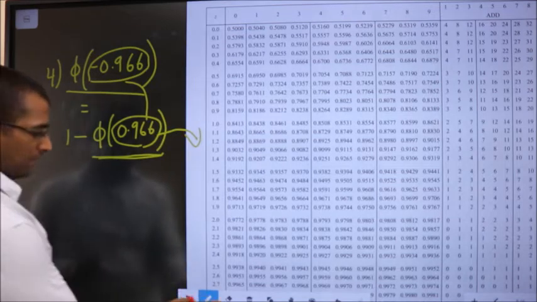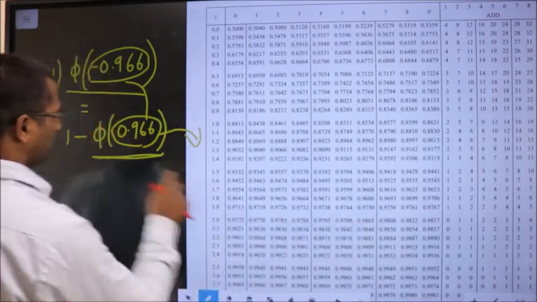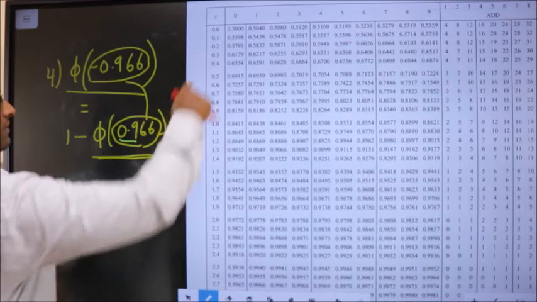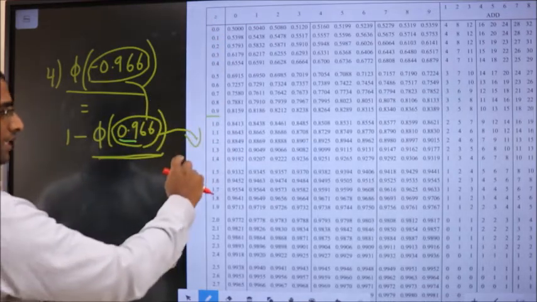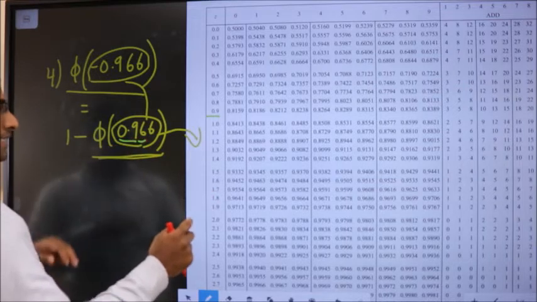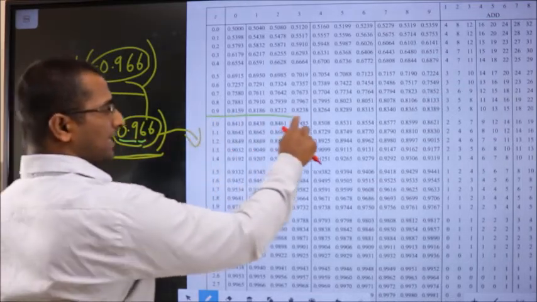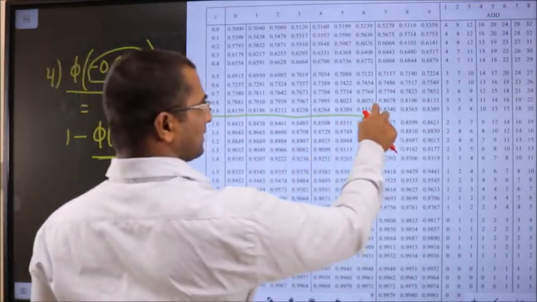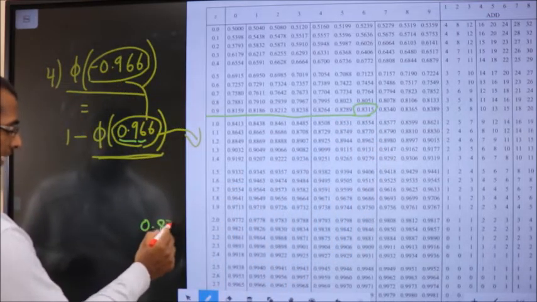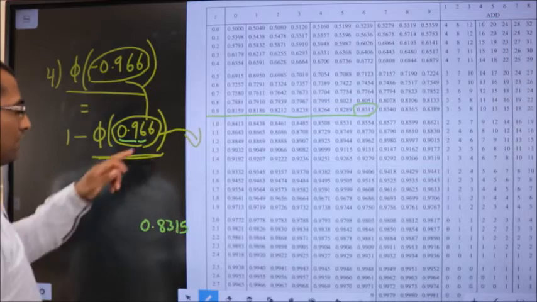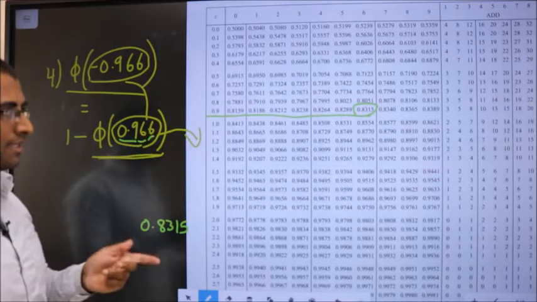Okay. Now, first what do we have? 0.9. In this column, 0.9 is present over here. Next decimal is 6. So in the same row, where do you come across 6? 0.8315. What is the next decimal? 6.